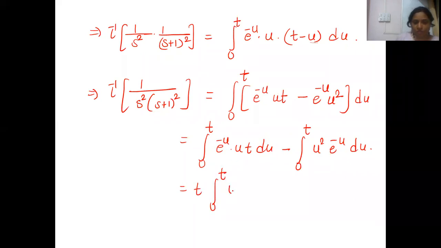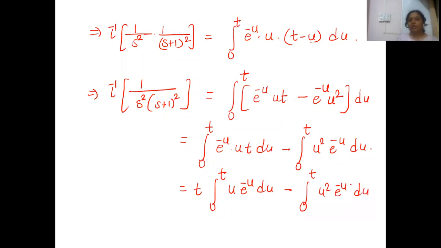Integration from 0 to t u e raised to minus u du minus integration 0 to t u square e raised to minus u du. Now we have to solve this integration. How will you solve? Leibniz rule. Very good. So this is your u and this is your v.